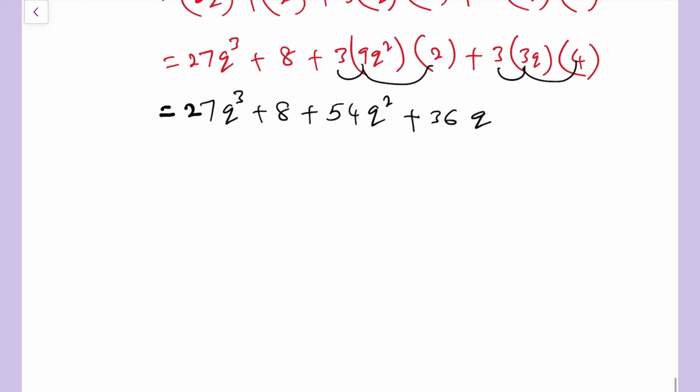Now again this 8 I will keep last, 27q cube plus 54q square plus 36q plus 8 as it is again.